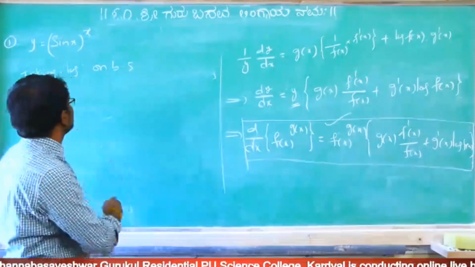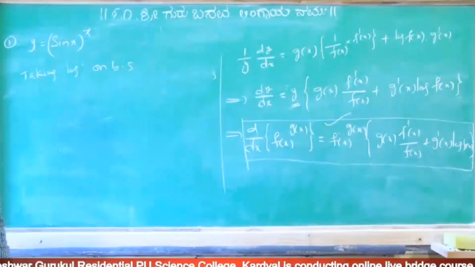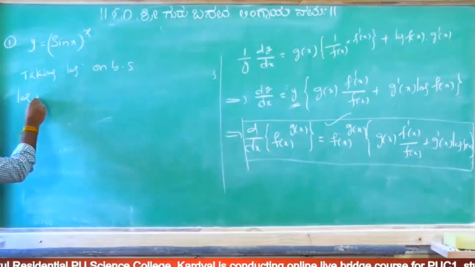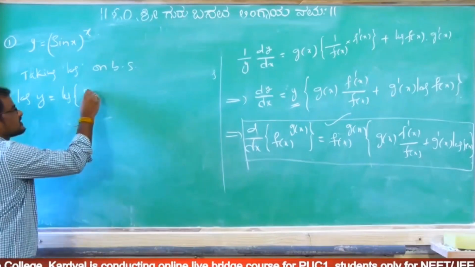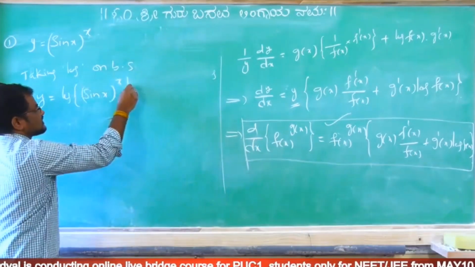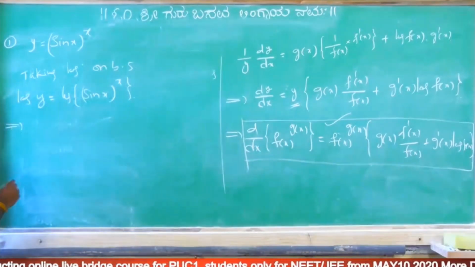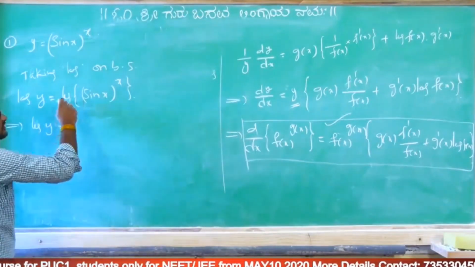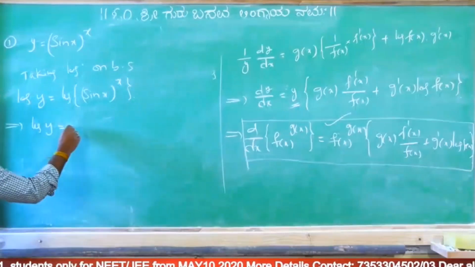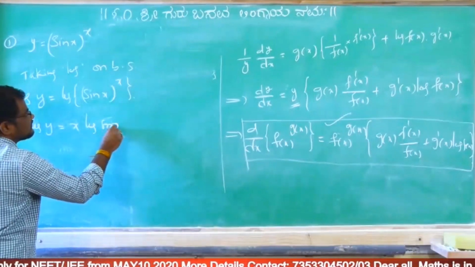Otherwise we have to apply taking log on both the sides. If you take log on both the sides, log y equal to log of sin x whole power x. It can be written as log y equal to, again that third property, if you apply, x into log of sin x.